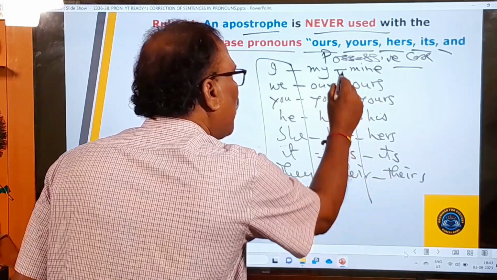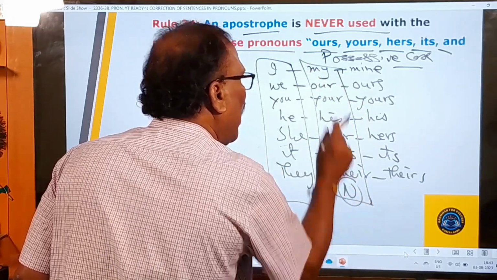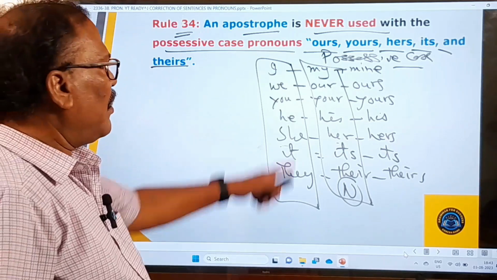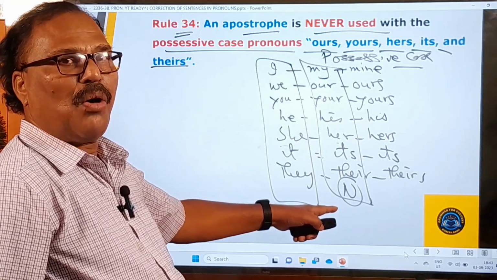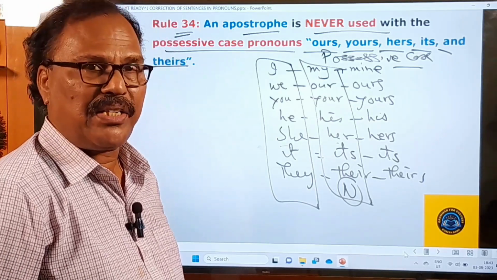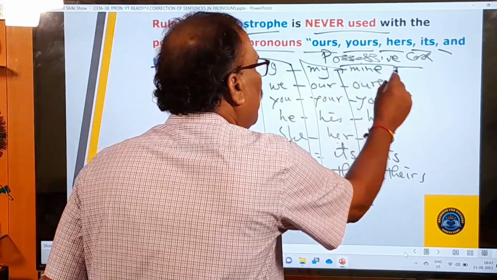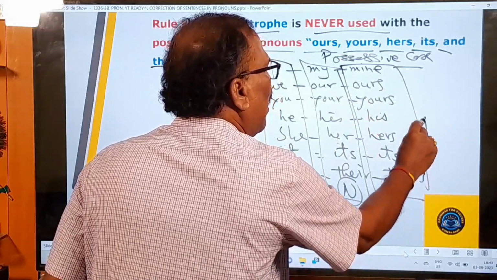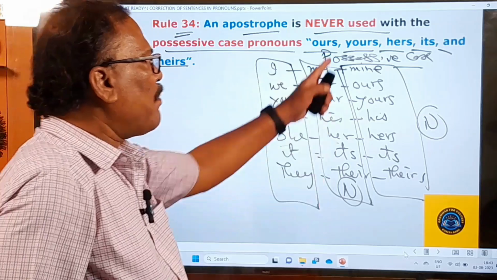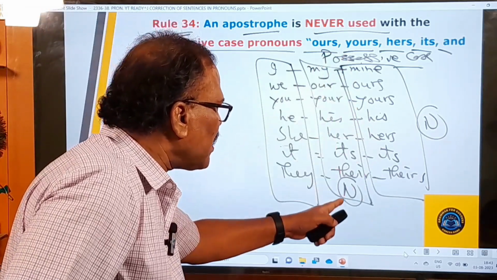These are used with a noun, and therefore they are called possessive adjectives. They are always used with a noun, therefore they are called possessive adjectives. And these are never used with a noun, and therefore they are called possessive case pronouns.